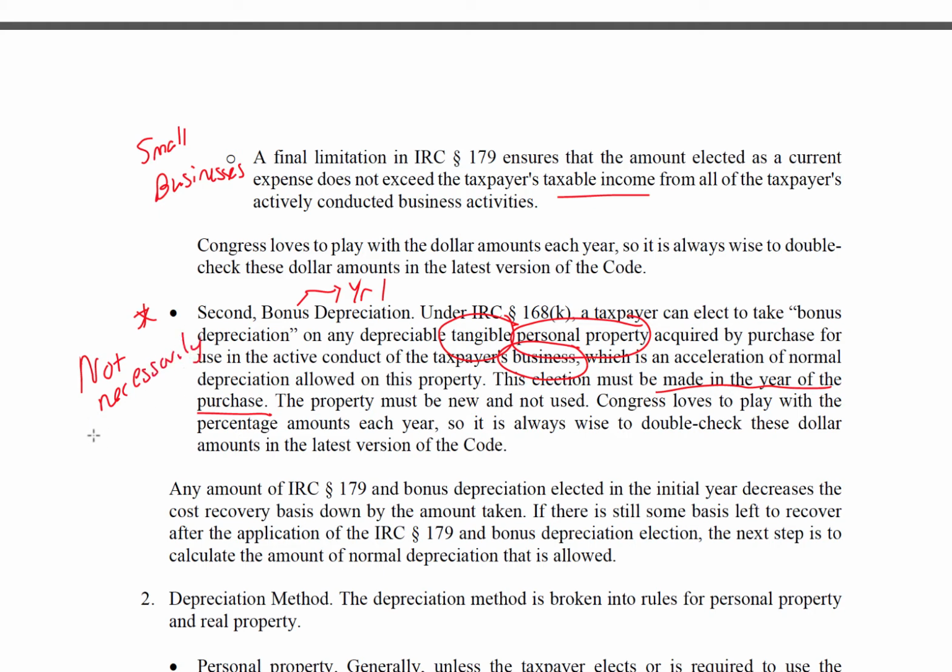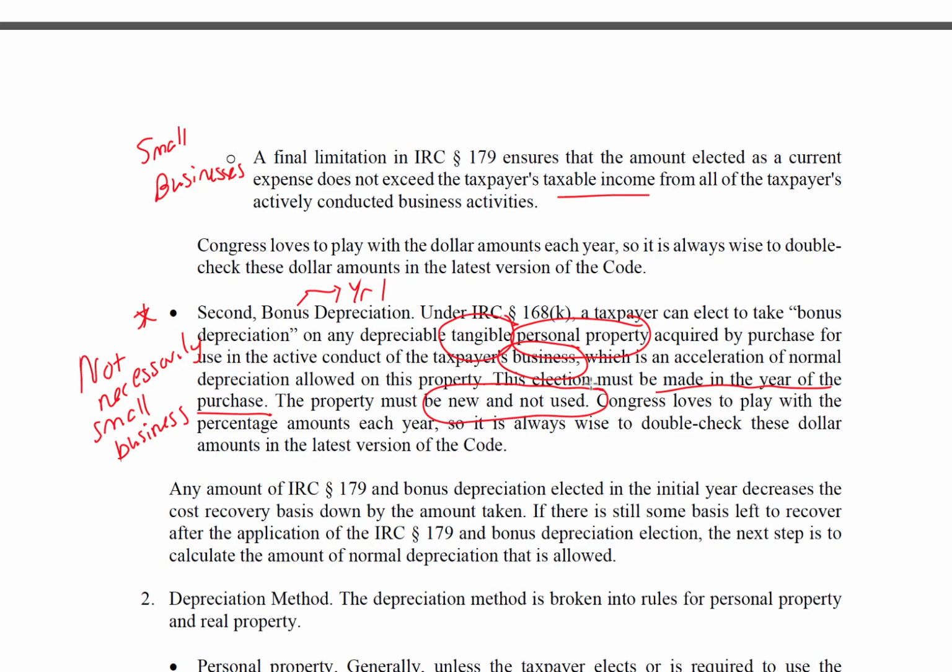Again, it depends on the year because of the amounts. So not necessarily small business, I want you to keep in mind. So the limitations aren't near as strict as Section 179. Now, one thing is that this property must be new and not used. So if you are buying that moving truck in my previous example, it's really important to pay attention that you can get it for the new moving truck, but you can't get it for the used moving truck.